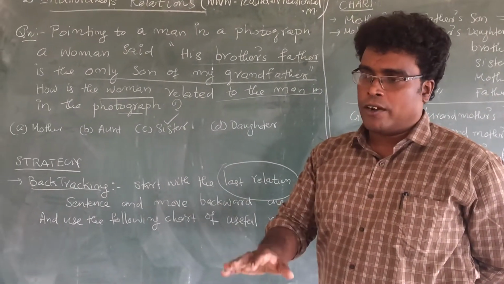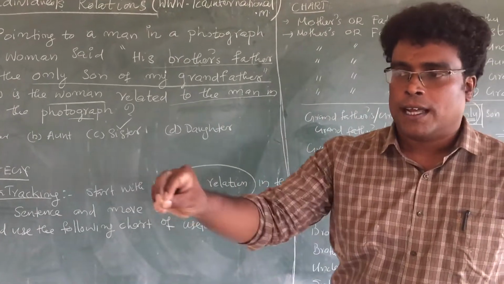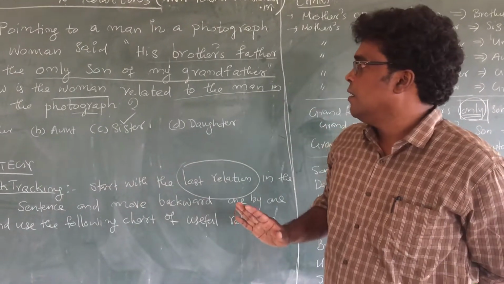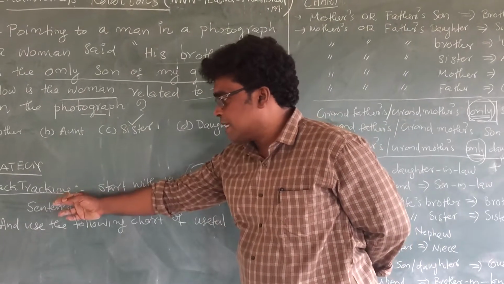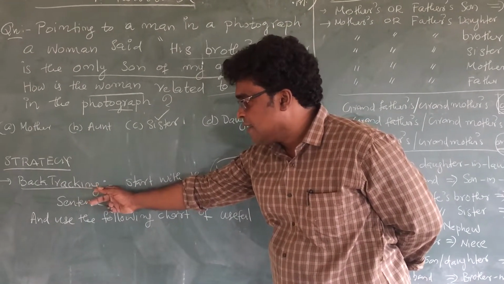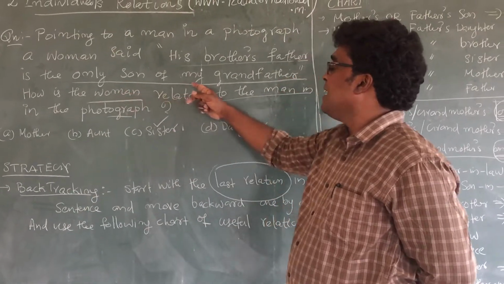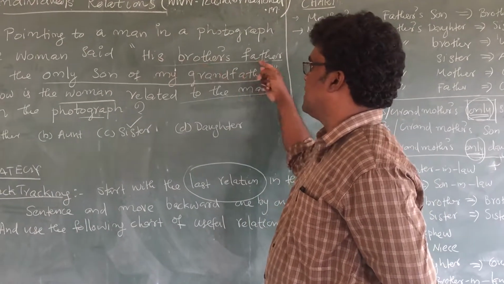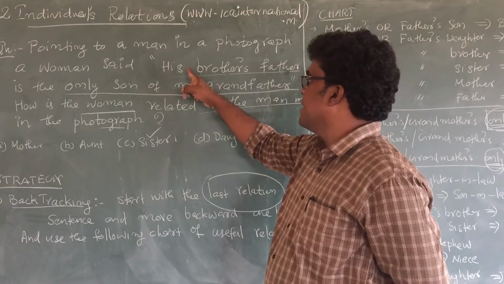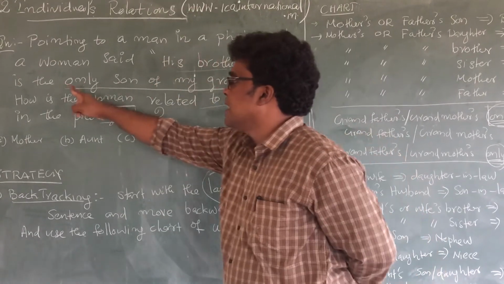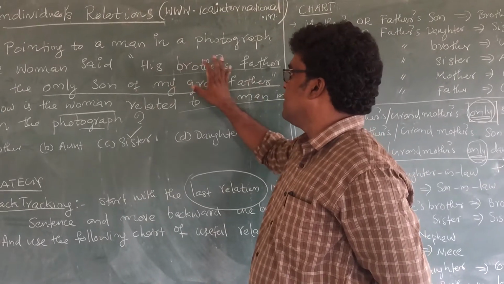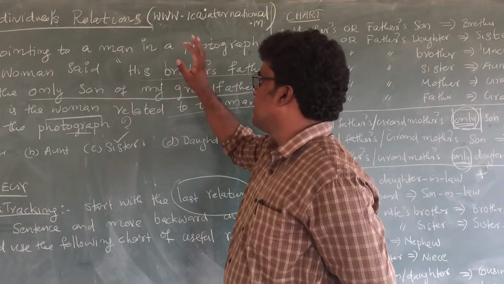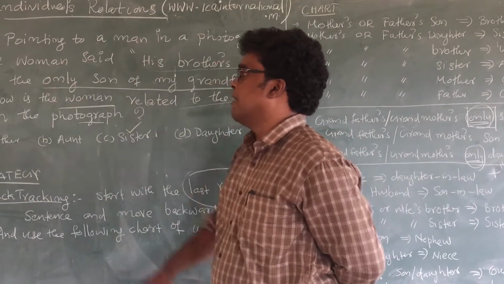For decoding the whole thing, as per our strategy called backtracking, we start with the last relation given in that statement. This is the statement said by the woman.